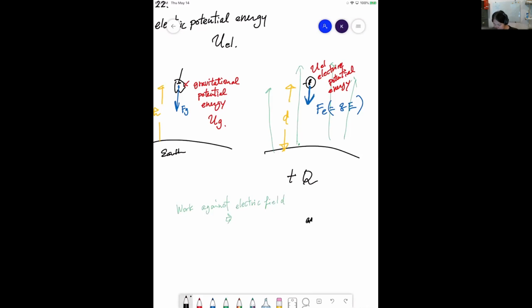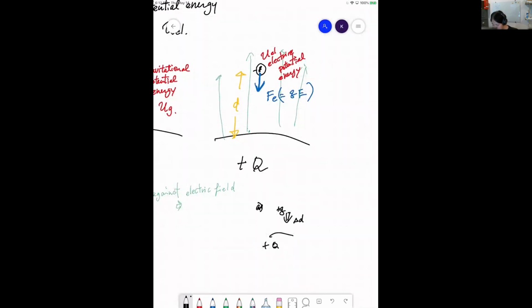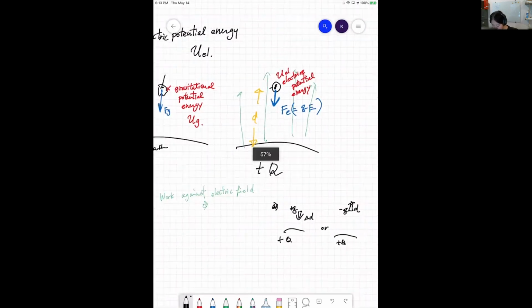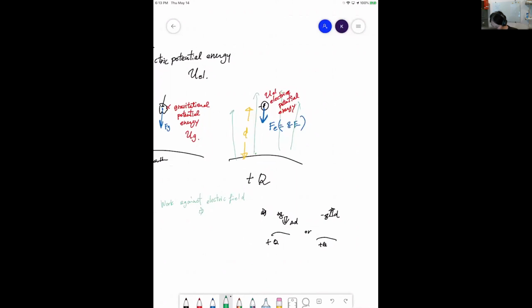Or you can think about it like another example: you have a big Q and then you have a positive Q. If you move it towards D, or you could have a positive Q and this is minus Q, then you move it away, D. This is going to be the work, you're doing the work against the electric field, right?